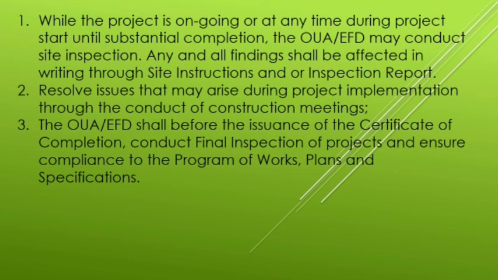Any and all findings shall be affected in writing through site instructions and or inspection report. Then second, resolve issues that may arise during project implementation through the conduct of construction meetings. Then third, the OUA or EFD shall before the issuance of the certificate of completion conduct final inspection of projects and ensure compliance to the program of works, plans, and specifications.